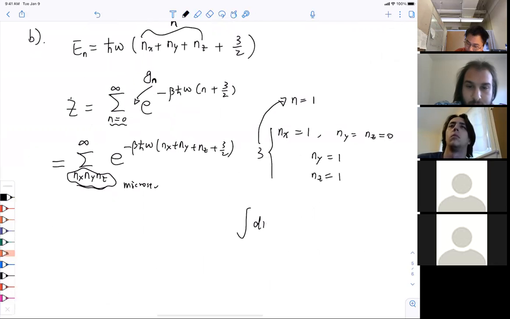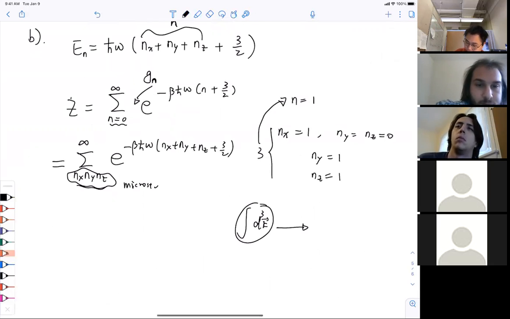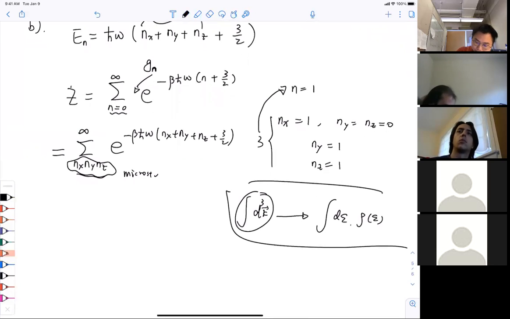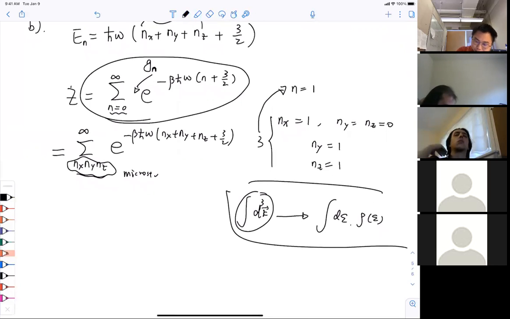It's like you have an integration over the Brillouin zone, the momentum. Sometimes we convert this to an integration over your spectrum, your energy. That's basically what we're doing here. And then there's a density of states, right? And now we need to do this. First, we need to figure out what the degeneracy is.